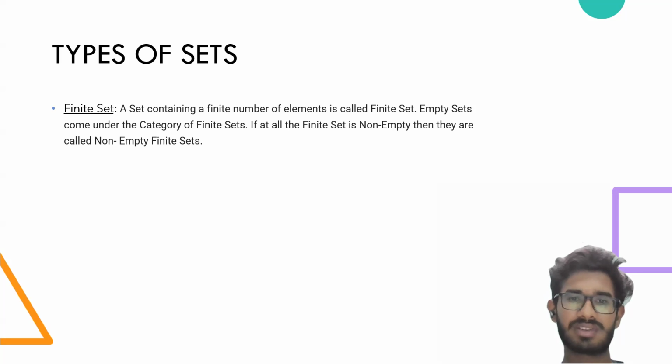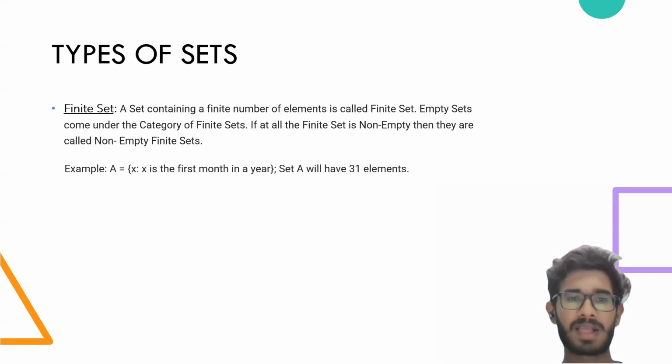If the finite set is non-empty, it is called a non-empty finite set. The elements in a finite set are countable. We can count the values present in a finite set. For example, let us take set A as the first month in a year. Set A will contain 31 elements, and those 31 elements are the dates.